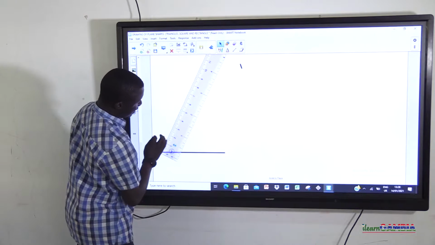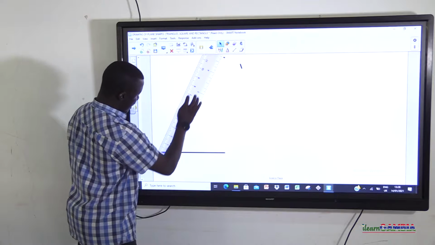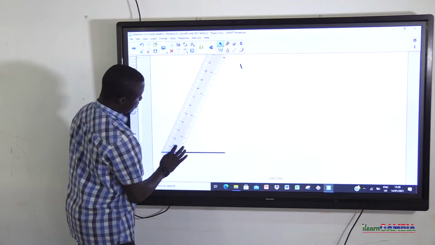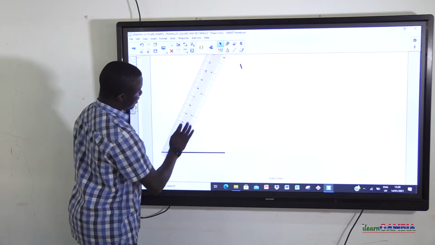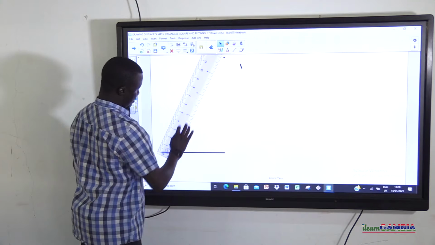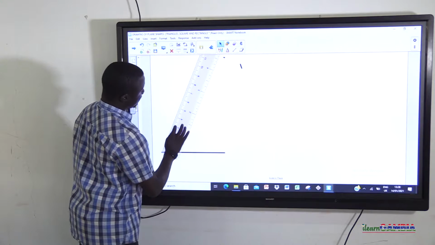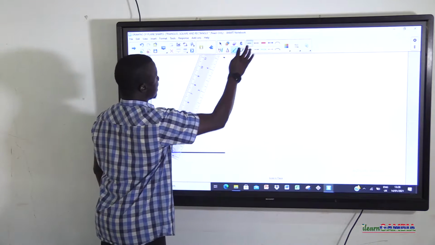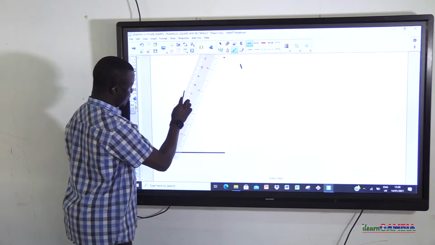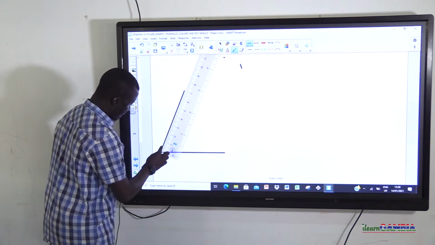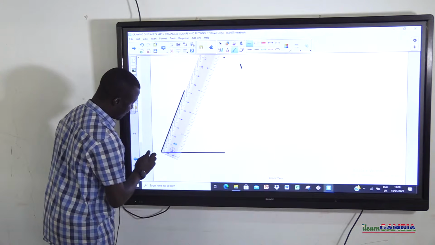Otherwise, we wouldn't have an equilateral triangle. All sides must be exactly 7 centimeters. Let's draw until it connects with the first line.